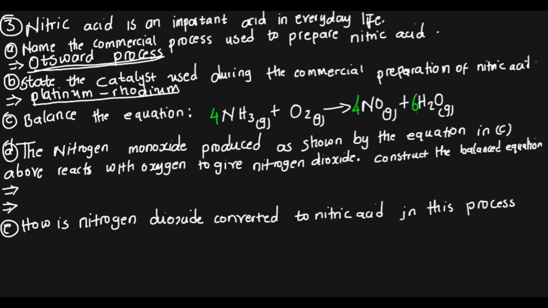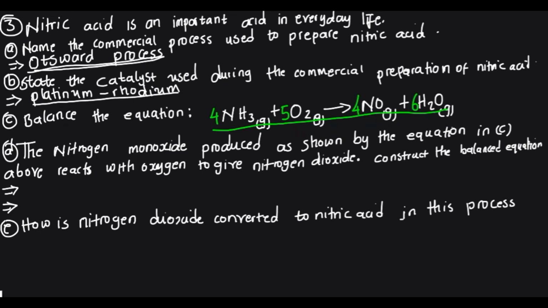From this part there are 6 atoms of oxygen, then from this part there are 4 atoms of oxygen. So the total number of atoms of oxygen on the right side is 10. Then here we can just put a 5, so 5 times 2 is 10. So this is a balanced chemical equation.